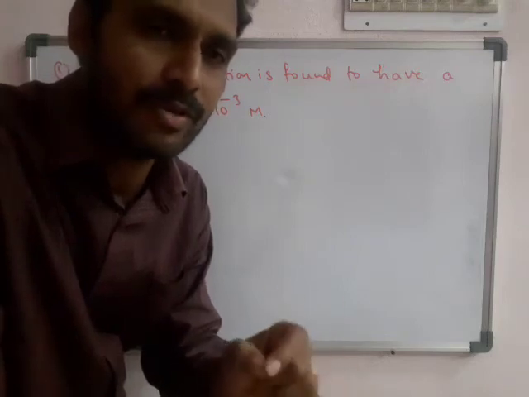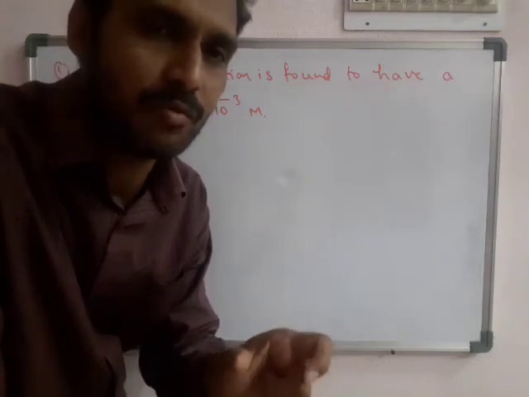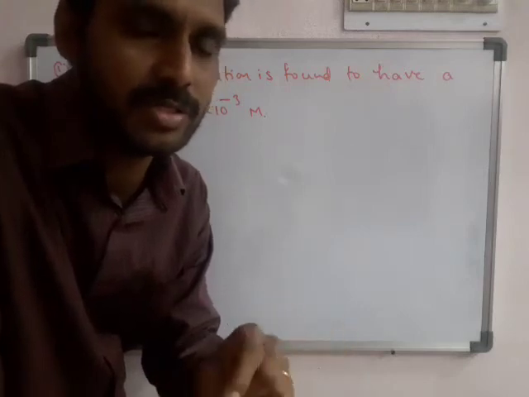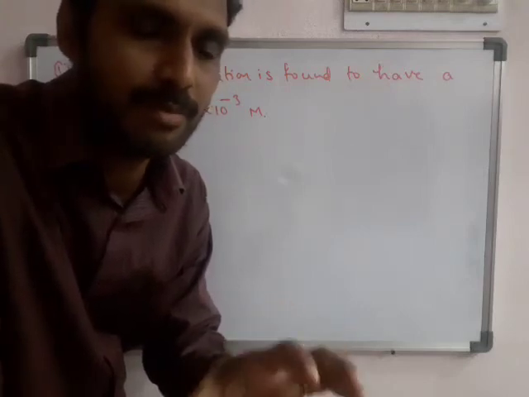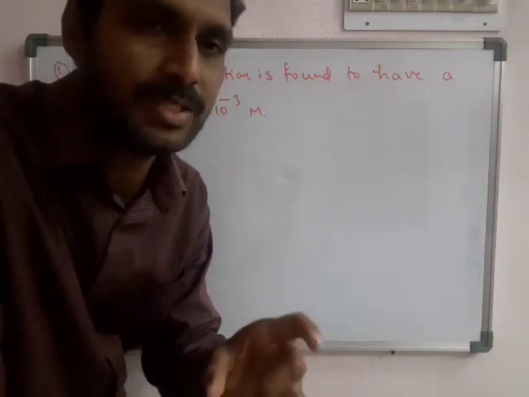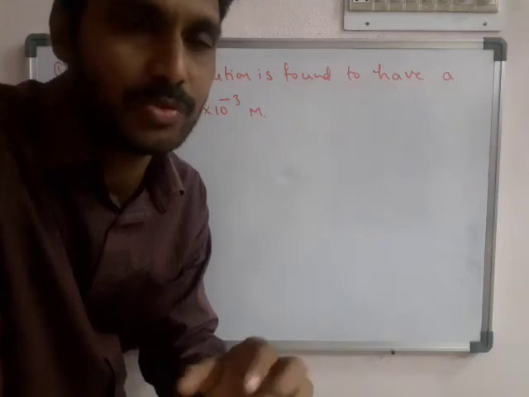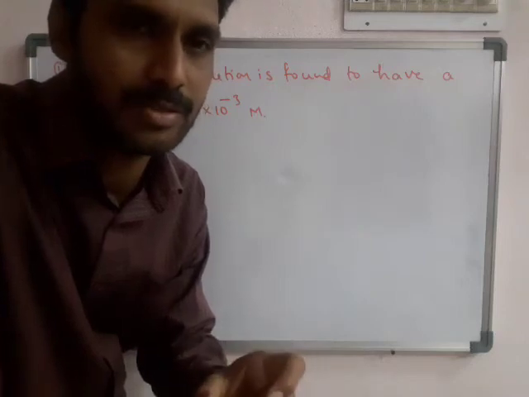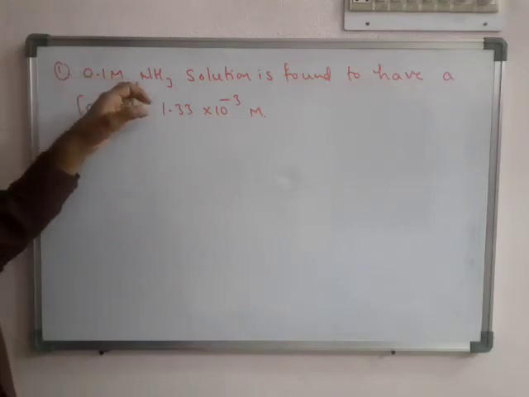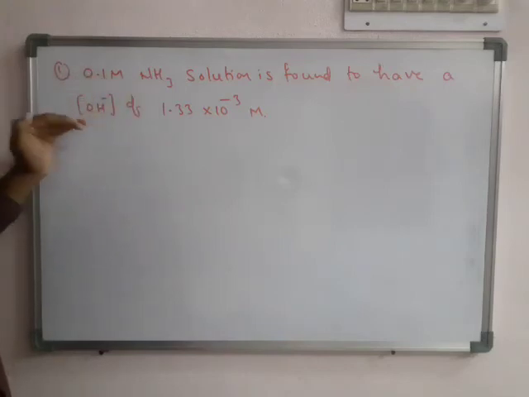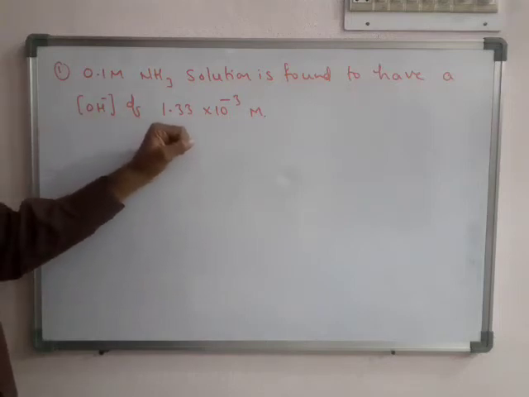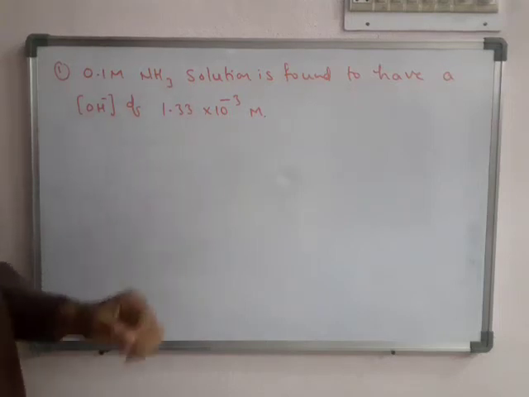In the same way, for weak bases the OH minus concentration is not exactly the given concentration of that weak base, because the OH minus concentration of a weak base also depends on the Kb value, the base dissociation constant. Okay, so here it is directly given 0.1 NH3 concentration, and the OH minus ions concentration present in its aqueous solution is 1.33 into 10 power minus 3.